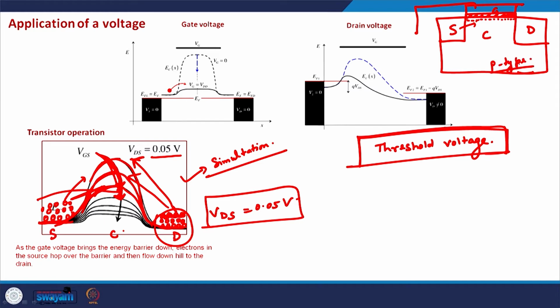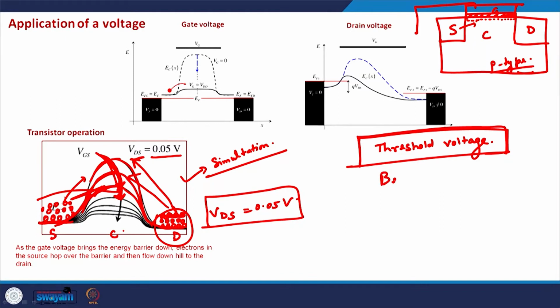Below the threshold voltage, if the gate voltage is less than the threshold voltage, an extremely small current is there. It is not that there is no current, because even when the gate voltage is less than the threshold voltage, there is a finite probability for electrons to cross the barrier.